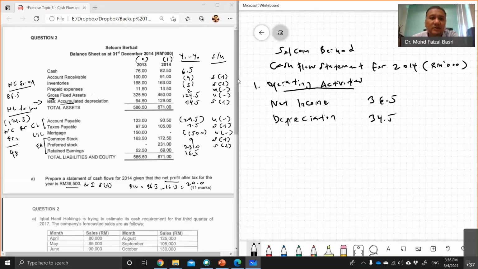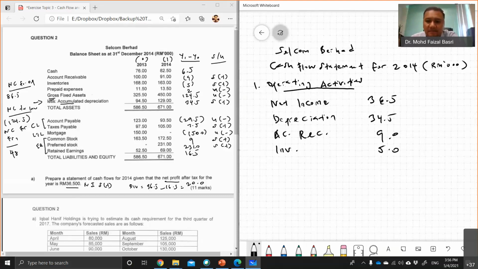We start with account receivable: 9, plus, so just put 9.0. Then we have inventories: 5, plus sign, so 5.0.